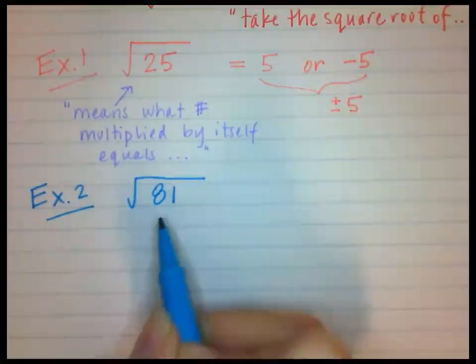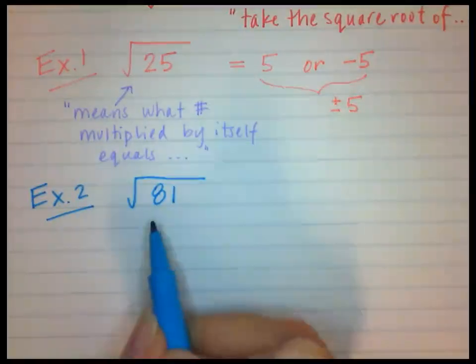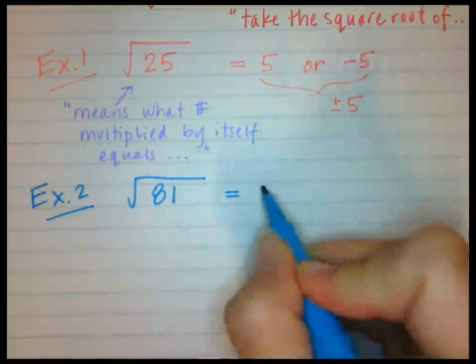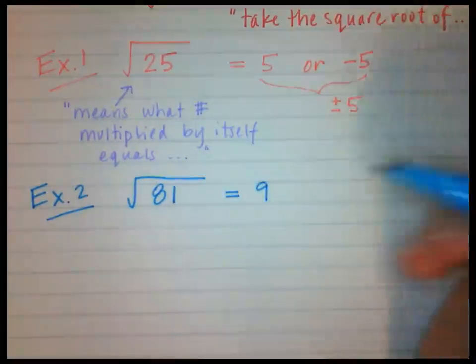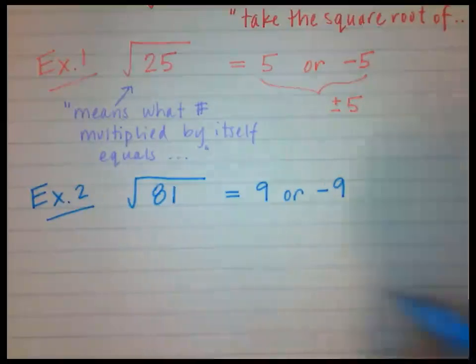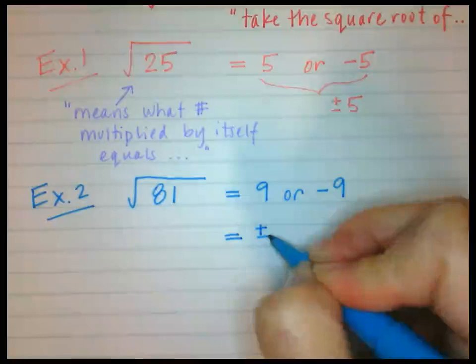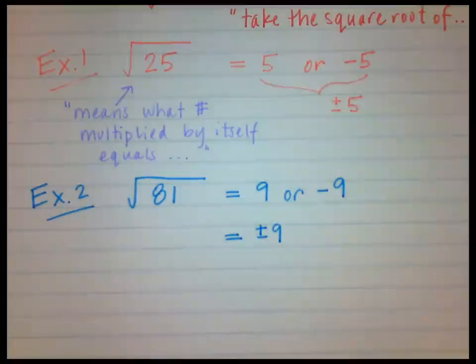That means what number multiplied by itself equals 81. We know that is 9, but it could also be negative 9. So you can write it like that, or you can write your answer like that.